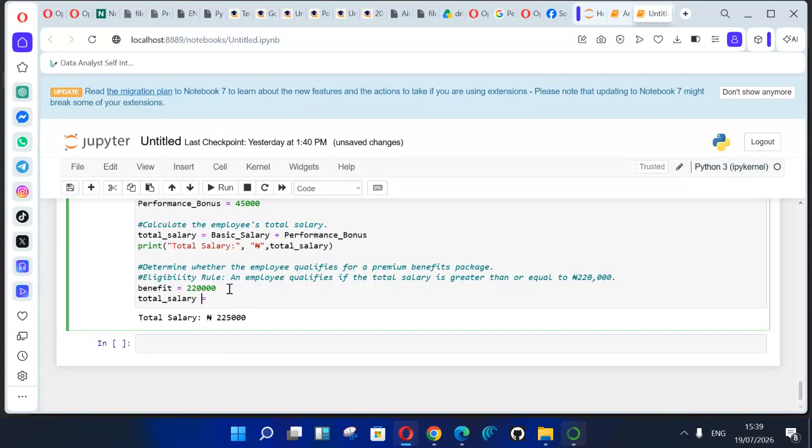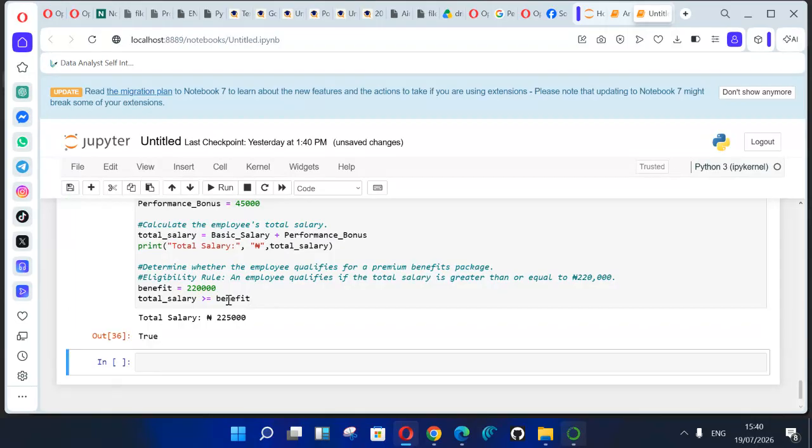He must have a total salary of 220k or more to qualify. So we'll say total salary is greater than or equal to benefits. I can write 220, but let's give it a variable, because let's work with what we were taught and it makes sense using the variable. So we now know if he qualifies, it's going to be true. Let's see. Good.